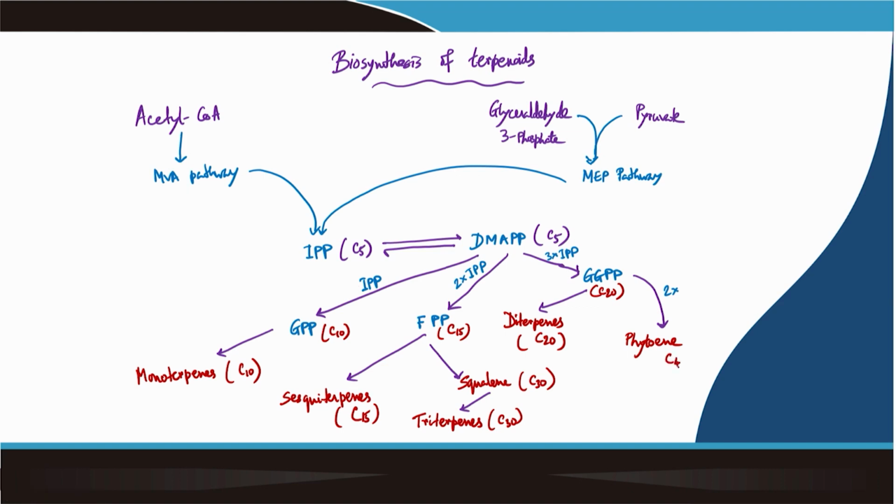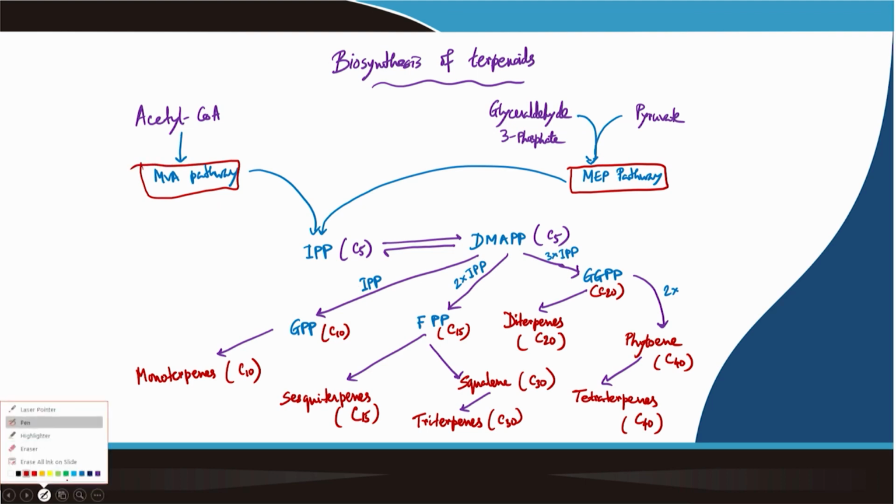Phytoene is also a C40 compound, and phytoene contributes towards the formation of tetraterpenes, C40. So, this is in brief the origin of different terpenes from primary metabolites either through MEP or MVA pathway.